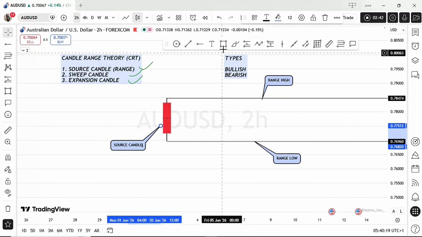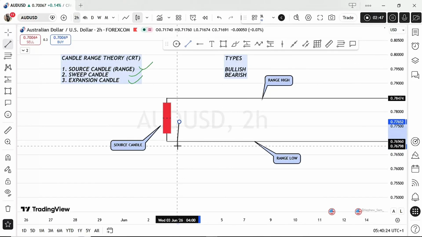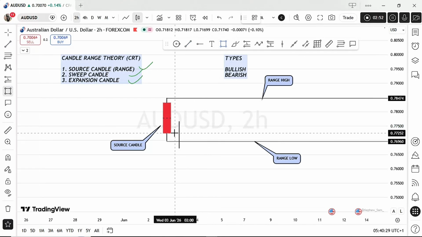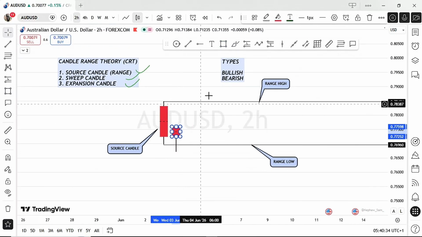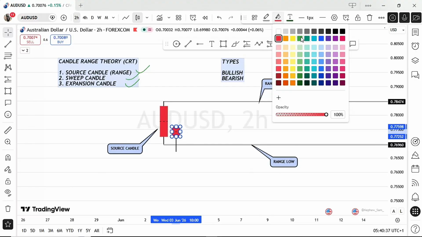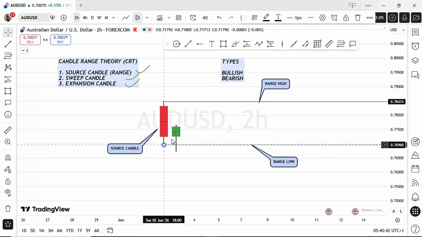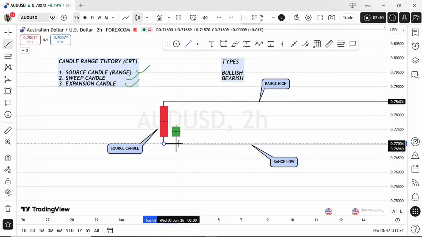Then the next candle is called the sweep candle. Since it's a bullish movement, we'll have the sweep downside. I will explain why this is bullish. This is the sweep candle. Price took out the previous day's or week's low or high. For a bullish setup, price takes out the previous week's low, the range low.